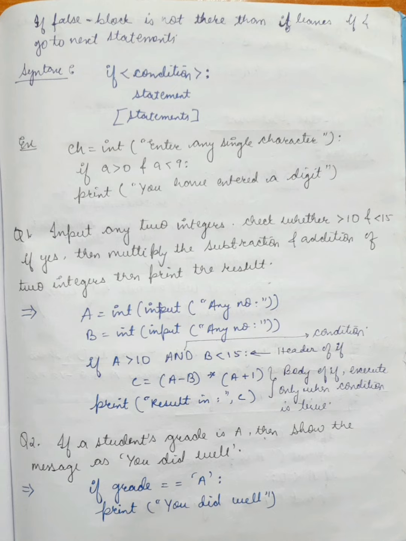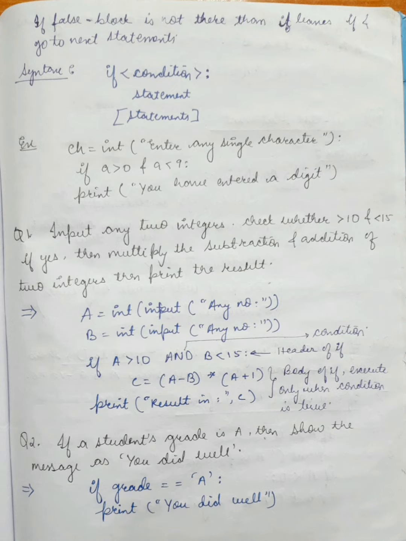Then if a is greater than 10 and b is less than 15, header, then c = a minus b. First we have to do subtraction and then addition, a plus b. So we have to multiply the addition and subtraction. So c is the subtraction of two numbers multiplied by the addition. Then print the result in c.